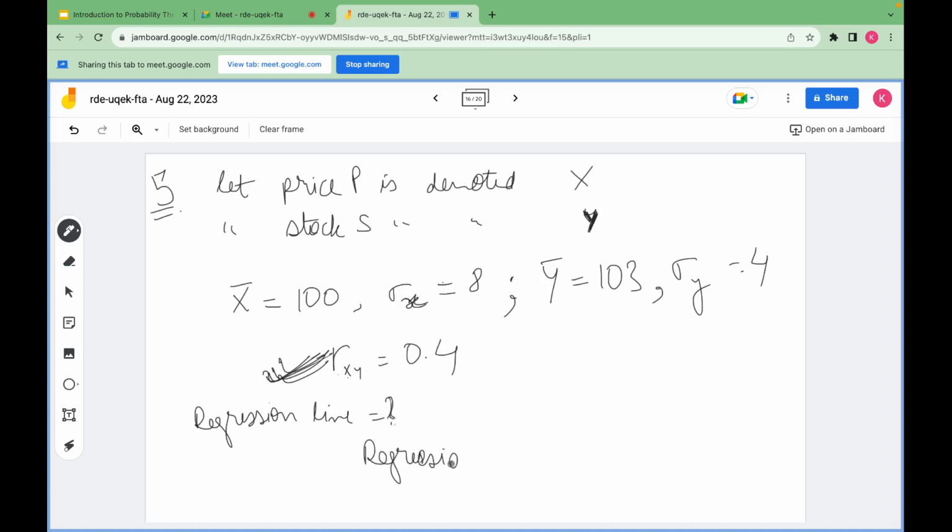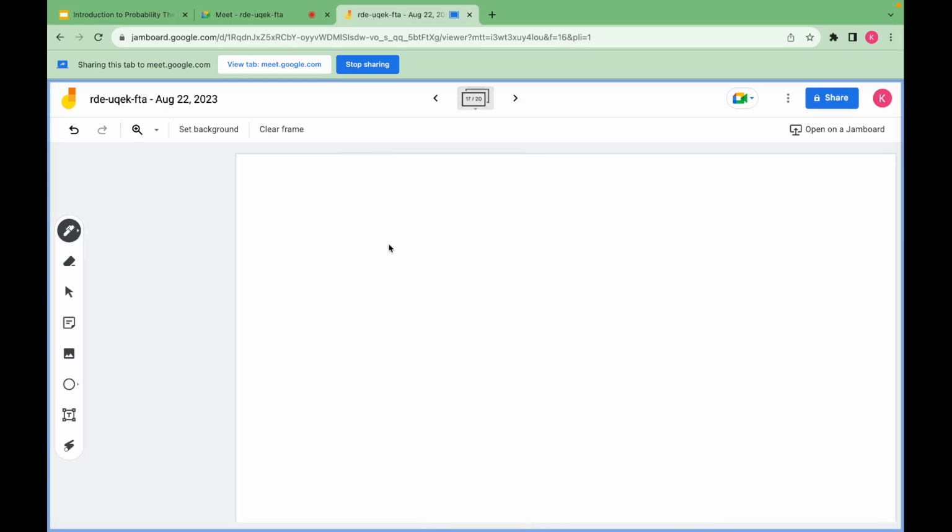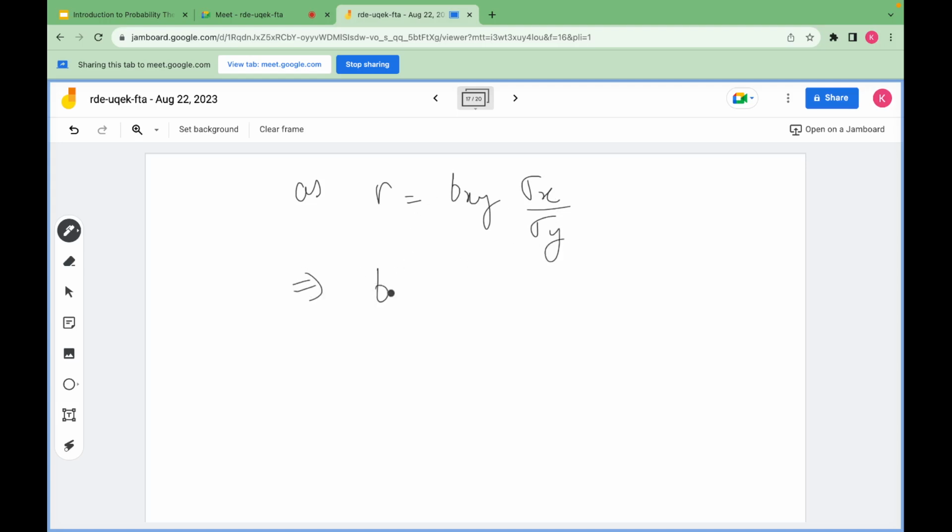So the regression coefficient of x on y, which will be bxy, will be nothing but r into sigma y by sigma x, as r is equal to bxy sigma x by sigma y. From here I wrote that bxy is r into sigma y by sigma x.